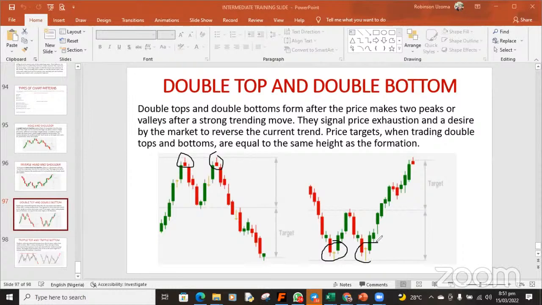But on the price in real life, it's just like when we say in economics, I did electrical electronics engineering, so I may not call it very well, they say ceteris paribus, which means all things being equal. And when you come to real life, all things can never be equal.